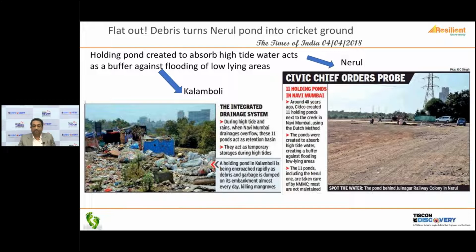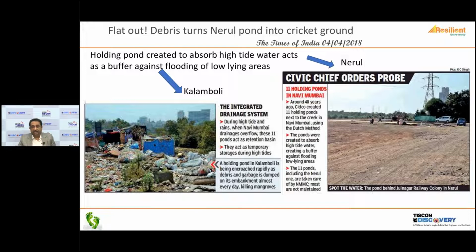But today, this is an actual picture of the holding pond in Kalamboli on the left side, which has been encroached. On the right-hand side of the screen, you can see Nerul, where the holding pond has been converted into a cricket ground. Now, when you do these kinds of things to a carefully designed method of arresting your flooding, it's very natural that flooding comes and brings the whole city to a standstill.